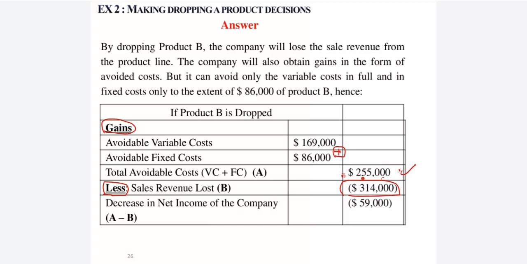طبعا if I subtract, هي طبعا between brackets meaning minus, that's obvious. When I subtract هيطلع negative $59,000. يعني ده هينقص أرباح الشركة $59,000 أو هيحقق خسائر للشركة $59,000. If I drop the product it will be negative $59,000.